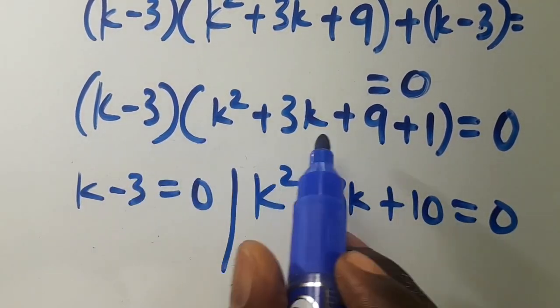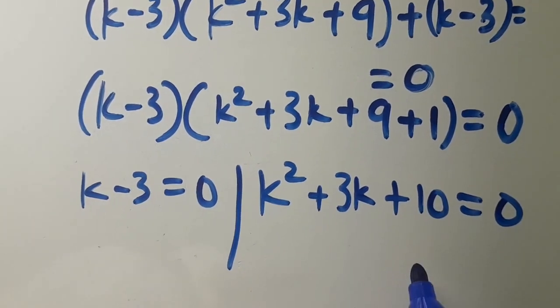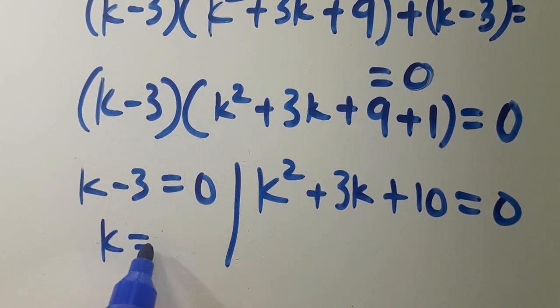For this expression to be 0, either this equals 0 or this equals 0. From here, k equals 3.